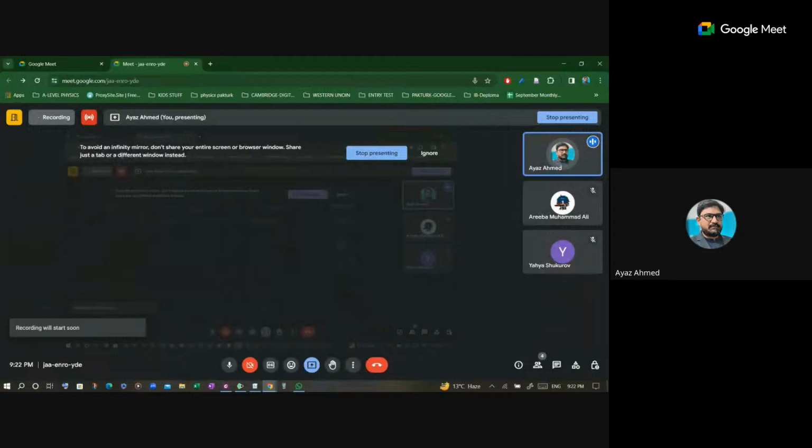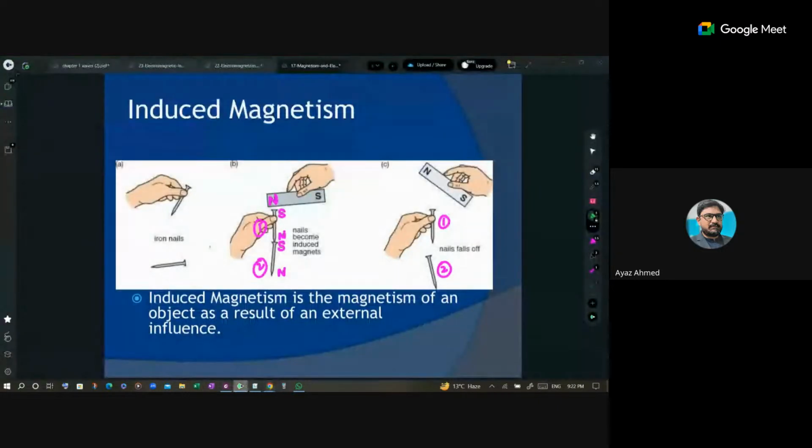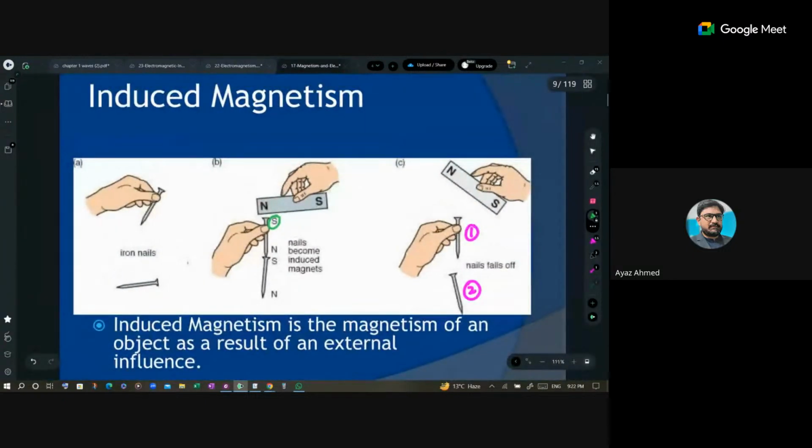Okay, so I was at this point that induced magnetism, that north poles are basically producing south on the opposite or opposite pole on the iron, so that it is attracted. So that's why near the north, south is produced, and on the other side north, and on the nail too, south is produced, and that south induces north on the opposite end.